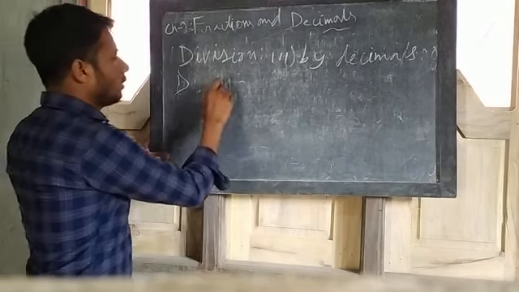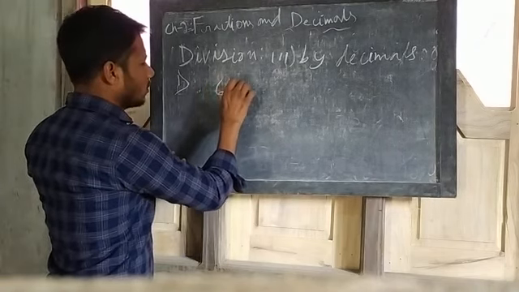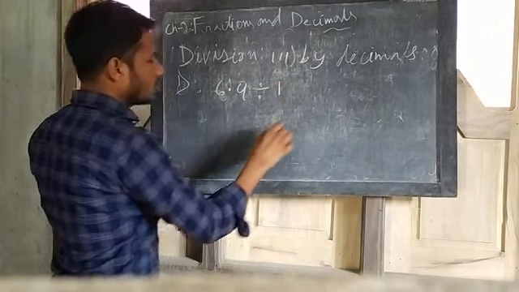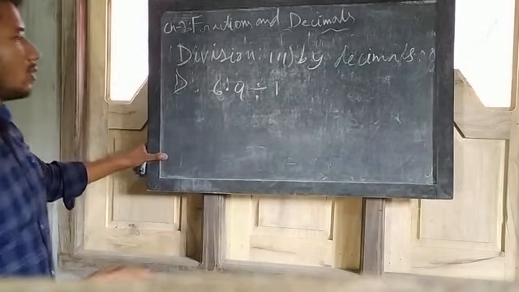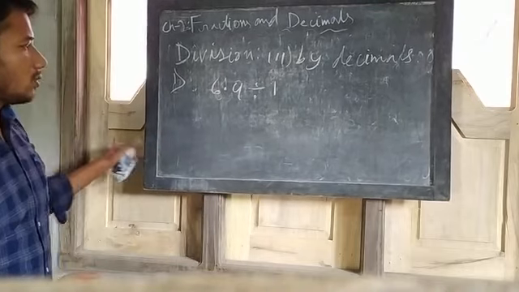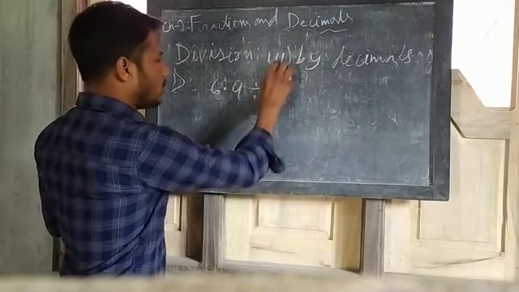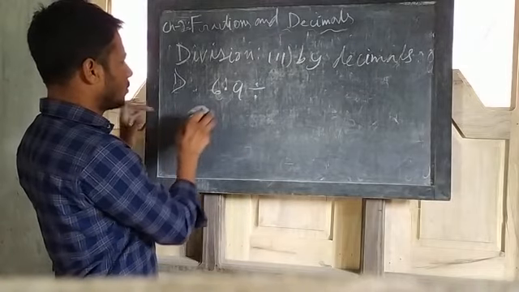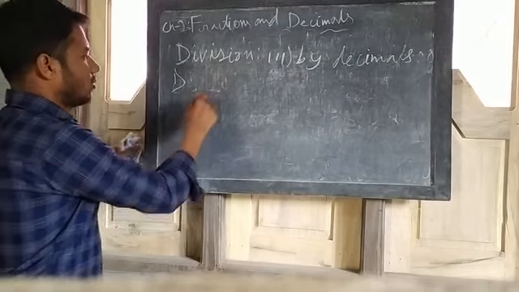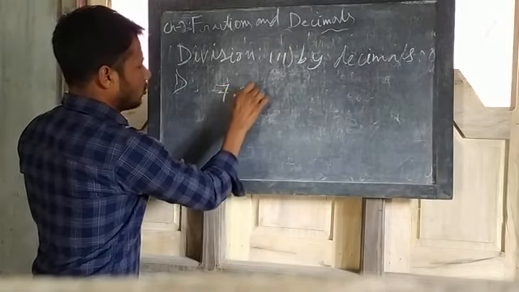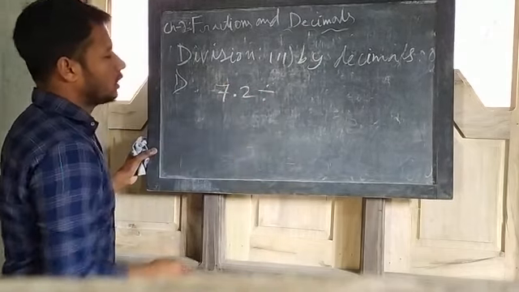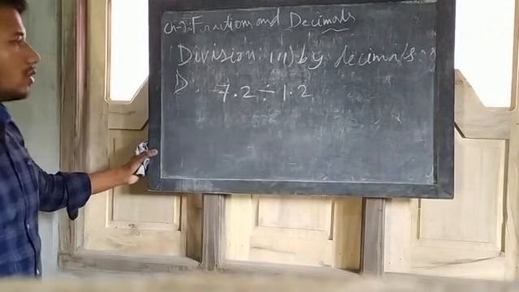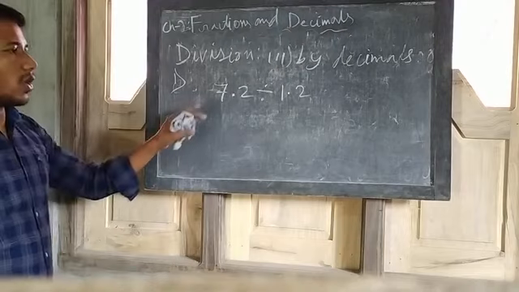Suppose we have to divide 7.2 by 1.2. Okay, now how to divide?